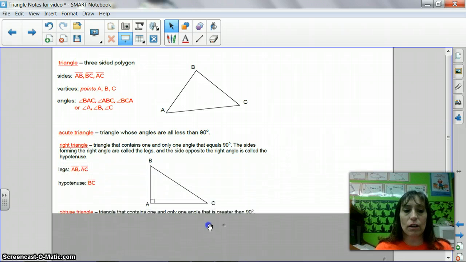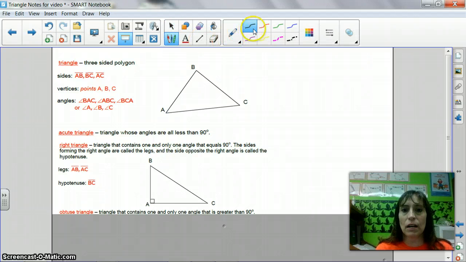Okay, so on here, the legs would be AC and BC, and then my hypotenuse is going to be right there, and my hypotenuse is always opposite of the right angle. So right here, where my right angle is, this has to be your hypotenuse. Ooh, my drawing is bad. Well, you've been knowing that for some time.